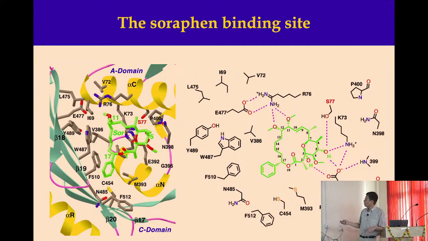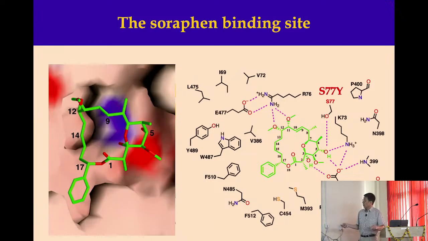If you look at the details of the binding, you can analyze everything. If you're good at PyMol or Coot, you can draw all these things out and see how everything interacts. There's an ion pair interaction between this glutamate and this arginine, and this serine, this lysine forming an ion pair with the glutamate. The serine is in red because it is known that mutation of serine to a tyrosine confers resistance to this compound.